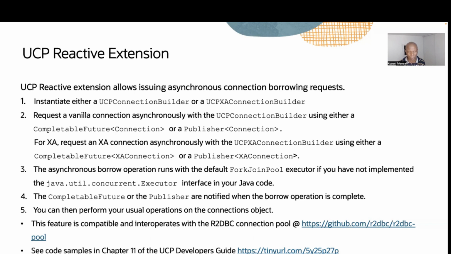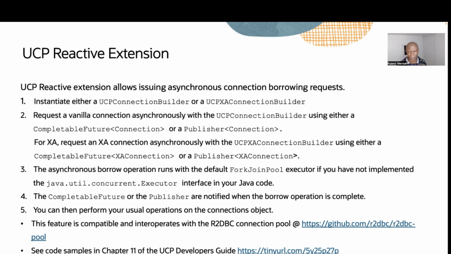When you need a connection and you issue a request, UCP will process that asynchronously. The way it works is you use either a UCP connection builder or the UCP-XA connection builder, depending on whether you need a vanilla connection or an XA connection, depending on your transaction requirements.